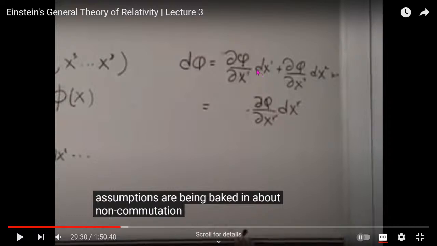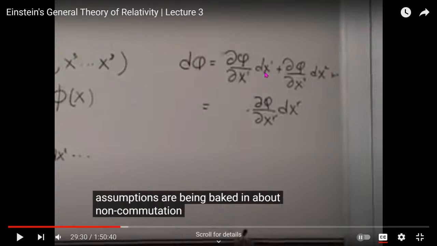So you move in the direction of dx1, and the slope is d phi dx1. And you move in the direction of dx2, and the slope is d phi dx2. D phi is the height.